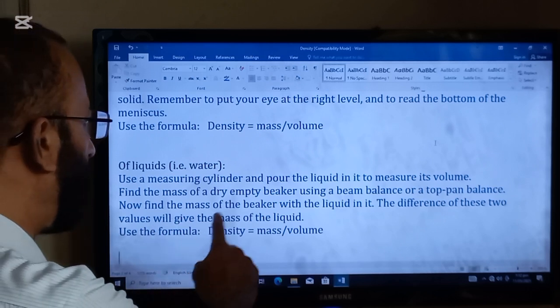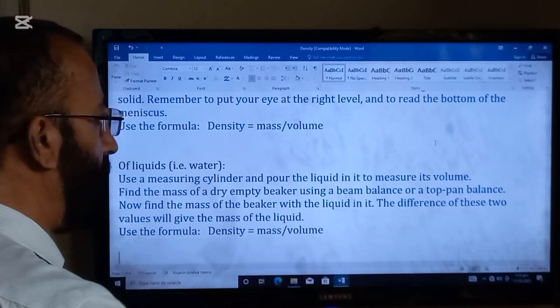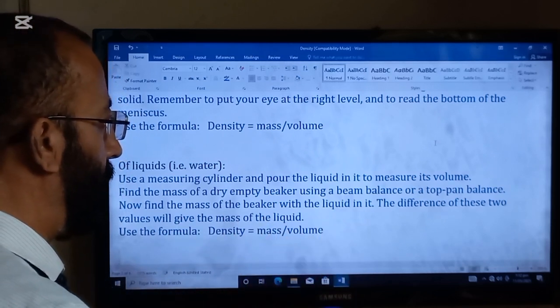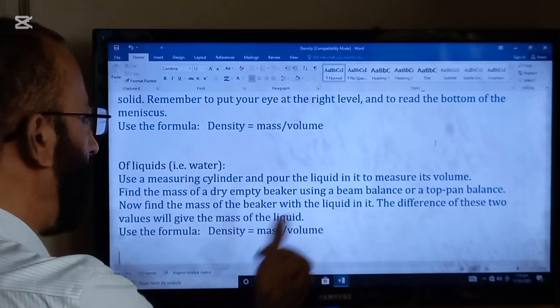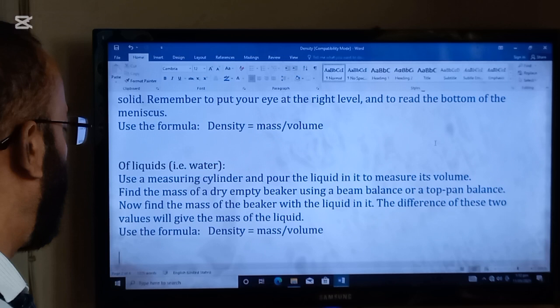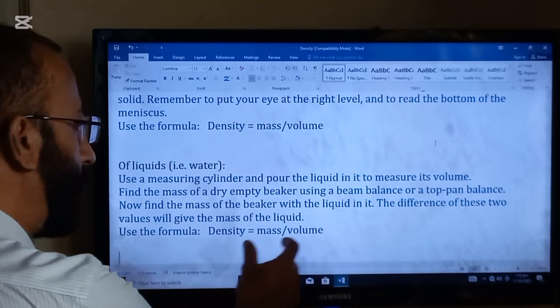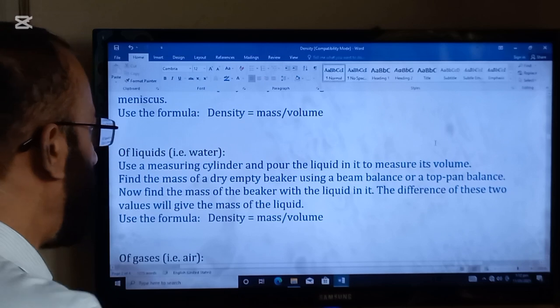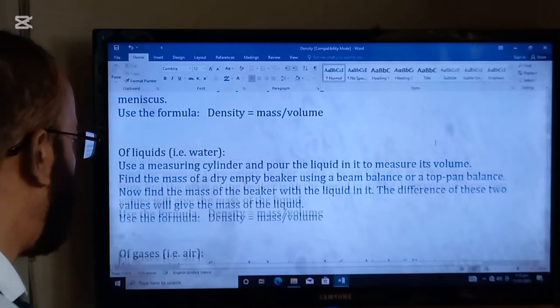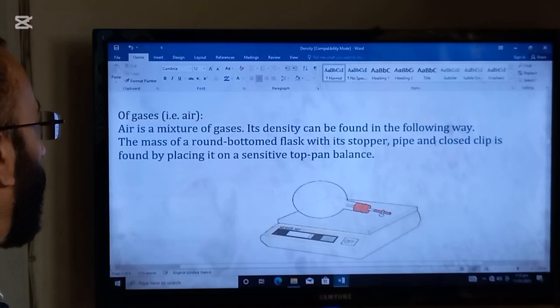Now find the mass of the beaker with the liquid in it. The difference of these two values will give the mass of the liquid. Use the formula density is equal to mass over volume and the result will give you the density of the liquid.